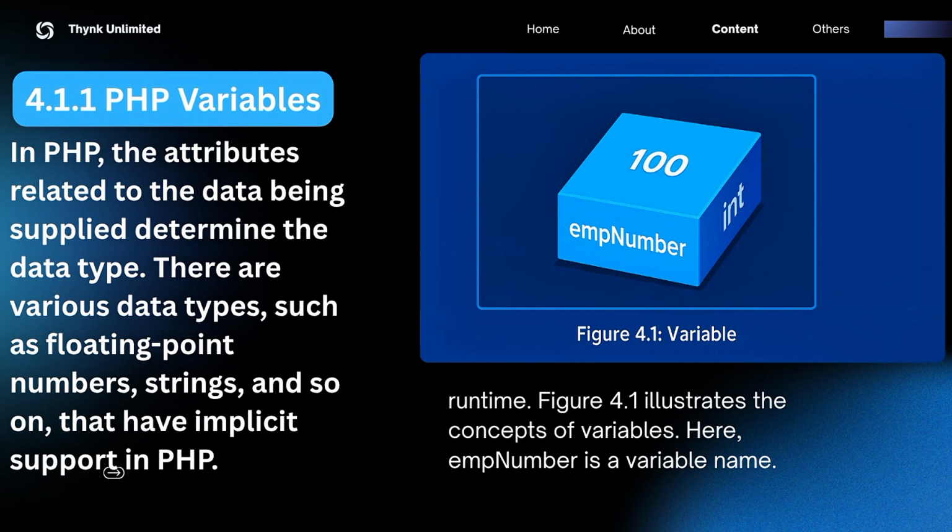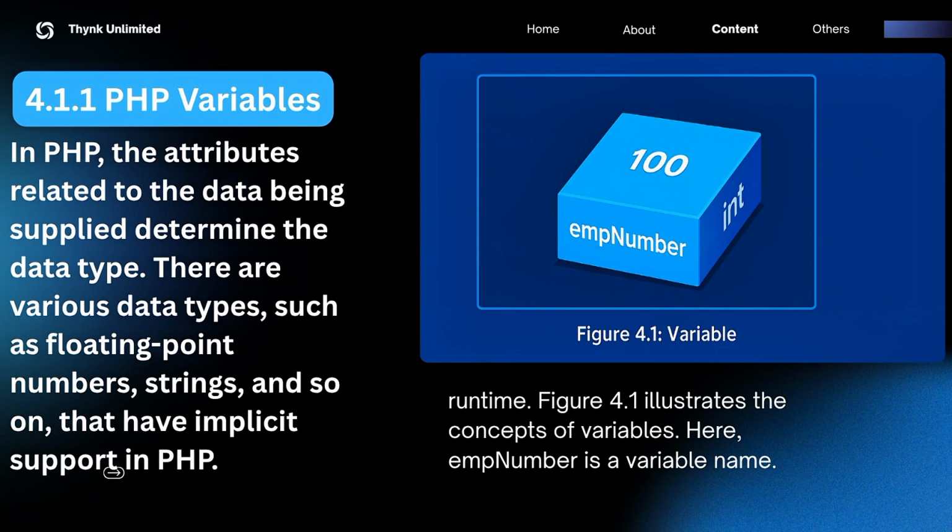PHP variables automatically adapt to the data type of the value assigned to them. Whether you're working with numbers, strings, or more complex data structures, PHP manages it internally to ensure your code runs smoothly. Understanding how PHP handles data types is crucial for writing efficient, error-free programs that can process and manipulate data effectively.